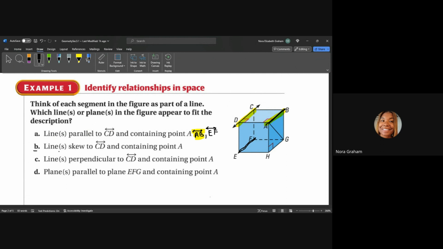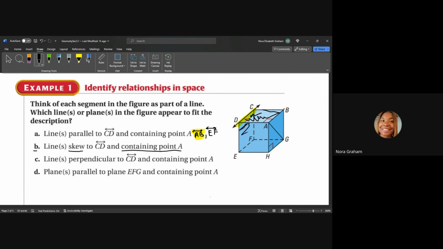B is kind of like the same thing, lines skew to CD. Remember, skewed lines are lines that do not intersect and don't lie on the same plane. It can't touch the same plane as CD. And then our second condition, containing point A. So let's look at what those would be. For lines skew to CD, I want to look at lines that don't touch this plane. And when I say plane, I mean a flat surface like this that contains CD, like the side of my box.